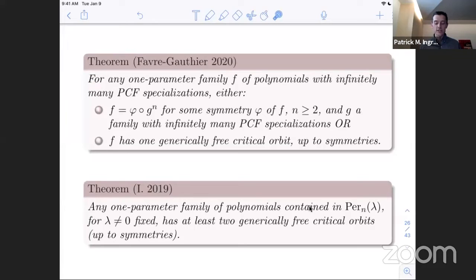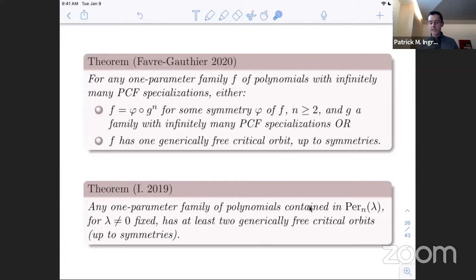And the second condition says, if your family on the generic fiber basically only has one free critical point, then every description of it being post-critically finite is really only imposing one condition. And so that's the vanishing of one function on your curve. And then you really can have that happening for every single choice of critical orbit.